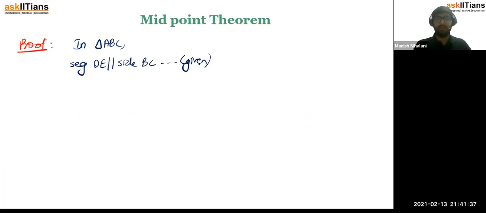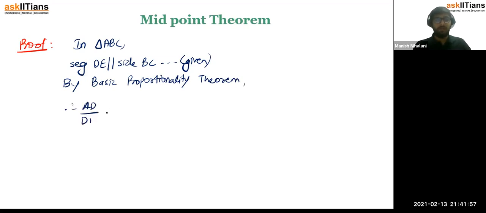So using our favorite theorem, the basic proportionality theorem, that is BPT, which we studied in lecture 2, you will remember, it was such an interesting theorem, we would say AD upon DB is equal to AE upon EC.